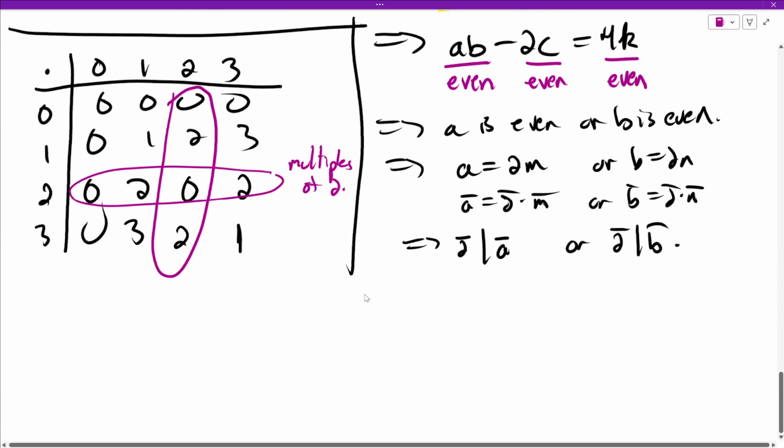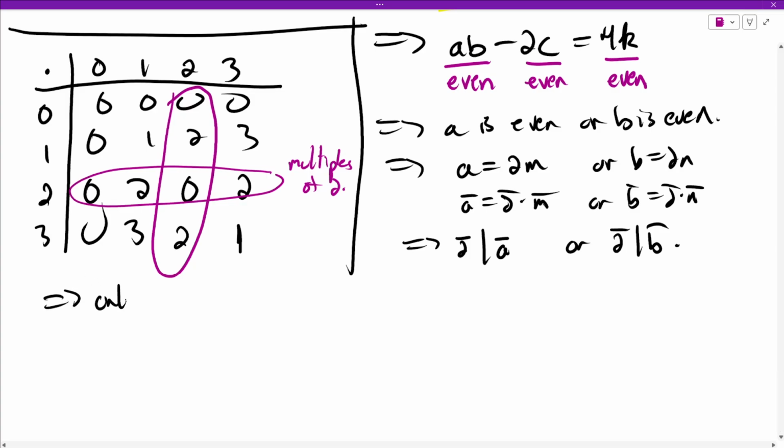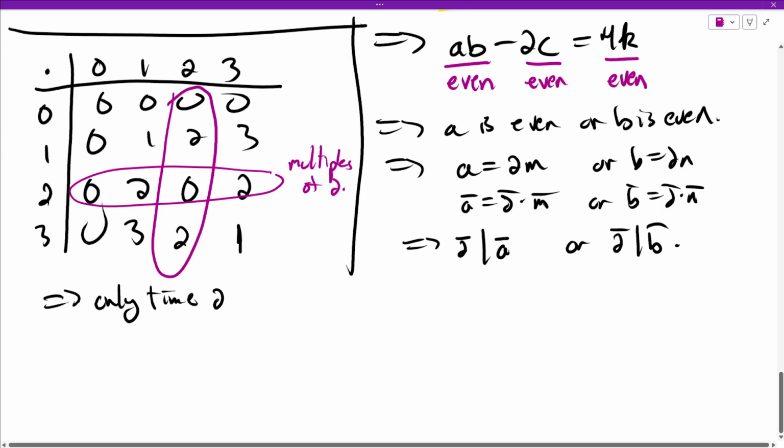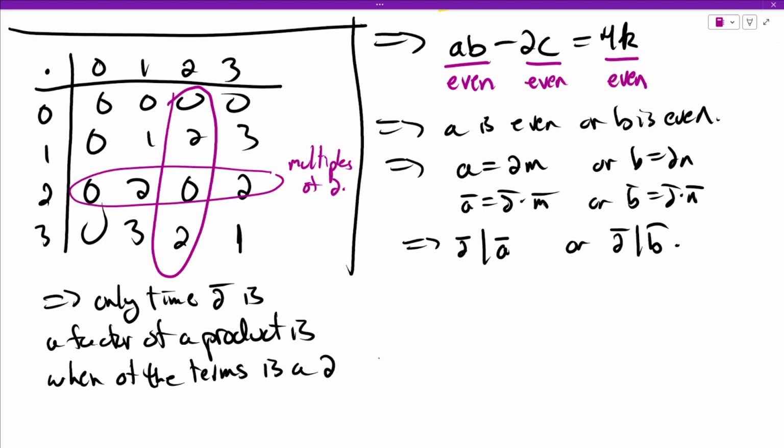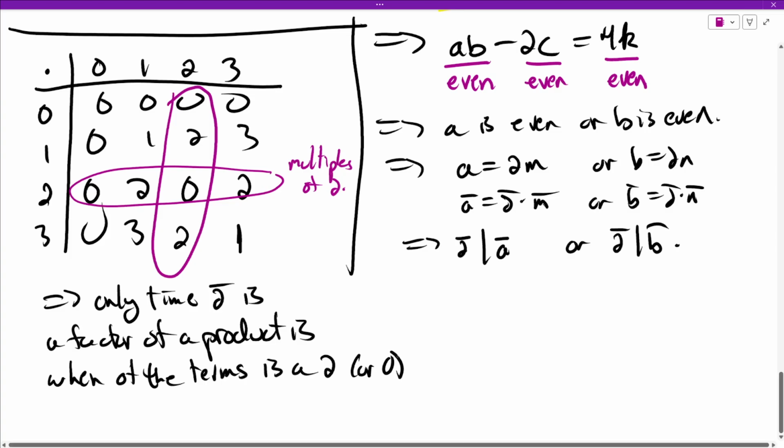So this table actually tells us something. It tells us the only time 2 is a factor of a product is, well, when one of the terms is a 2. Or is 0, but everything goes into 0.